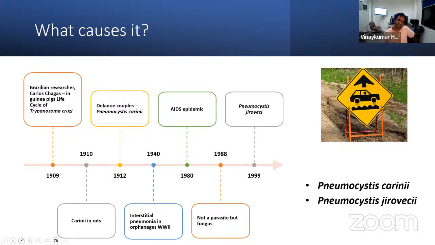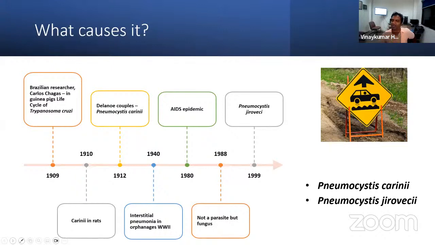But there was his contemporary, Carini, just one city across in Brazil, who found them in rats. And this fellow was intrigued, and he sent these samples of the dead rats to the Delanoe couple.